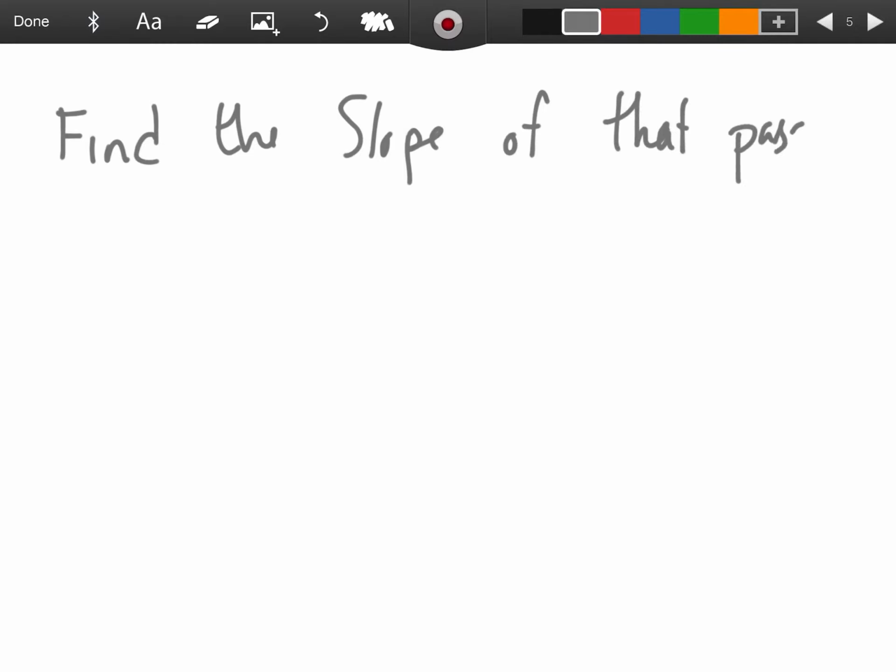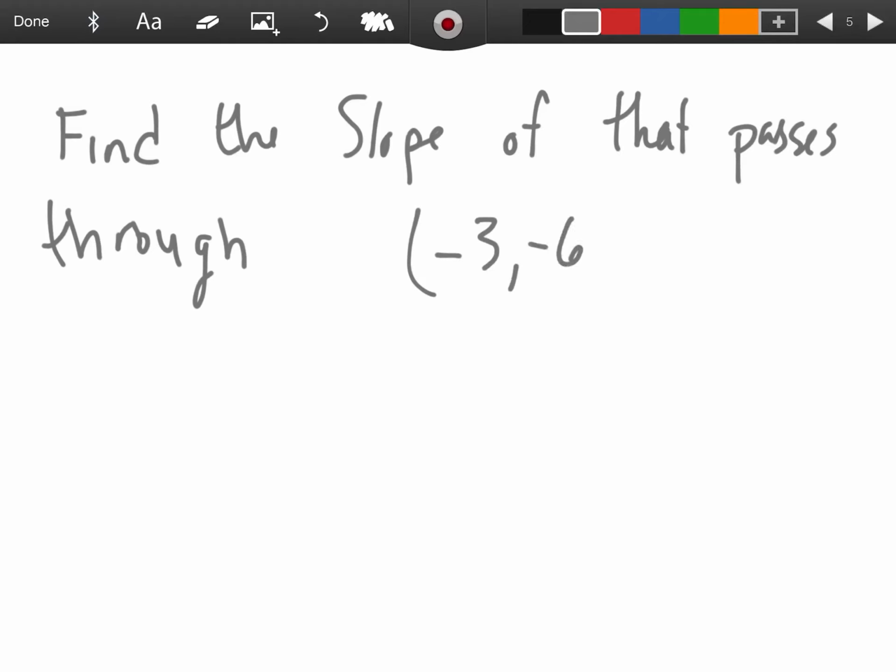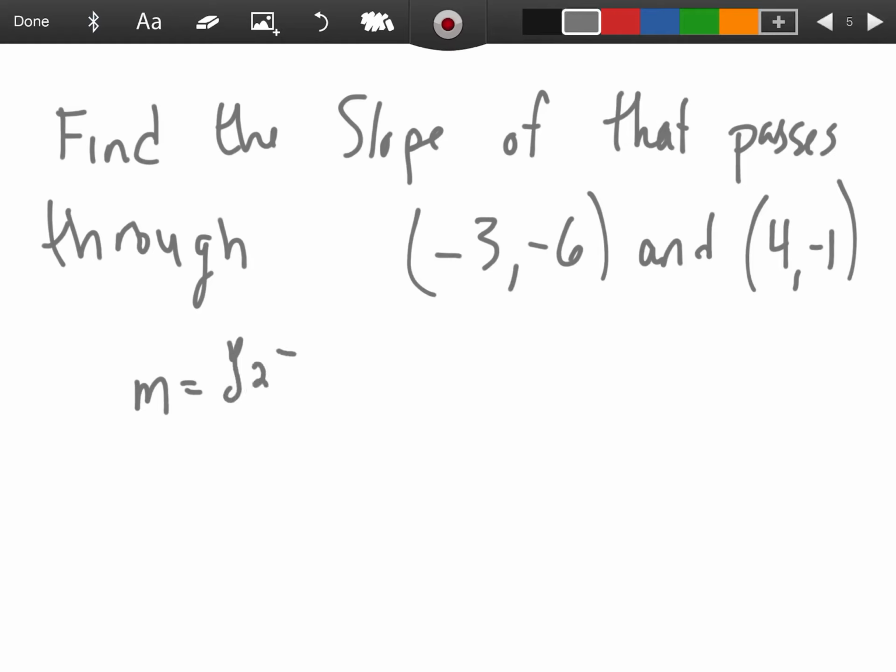That passes through, let's go with -3, -6, and 4, -1. All right, well, I know that my slope is equal to my rise over my run, my change in y over my change in x, or y2 minus y1 over x2 minus x1.